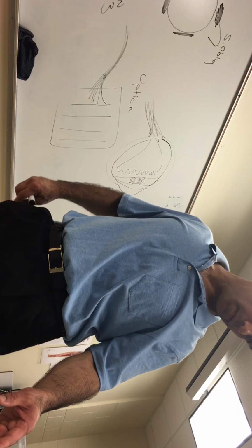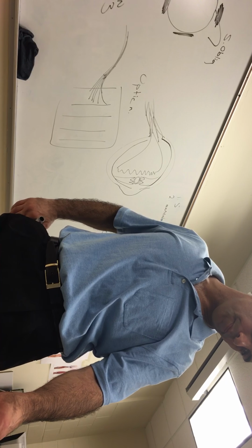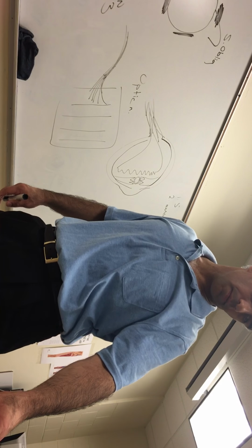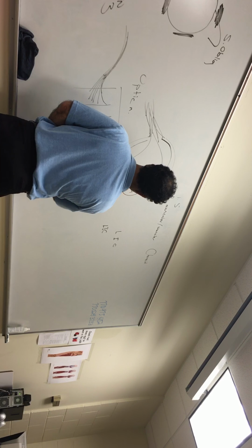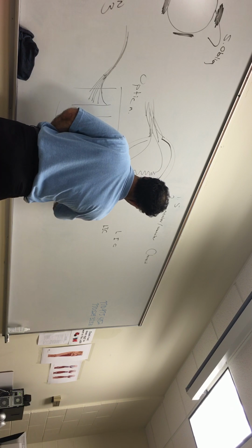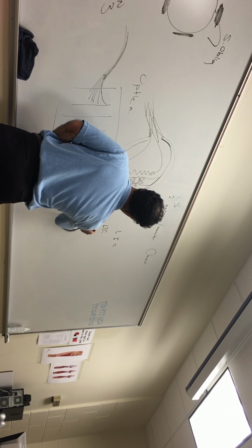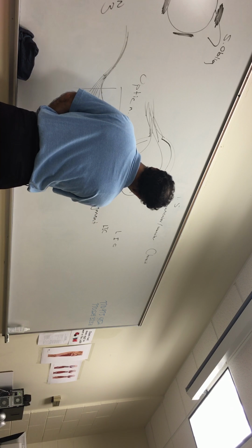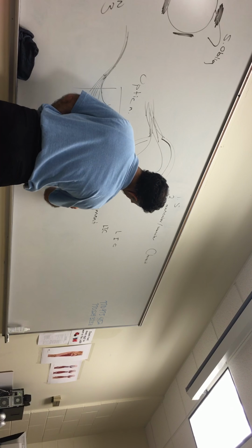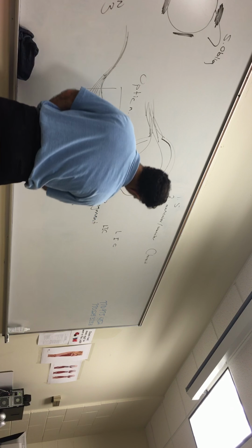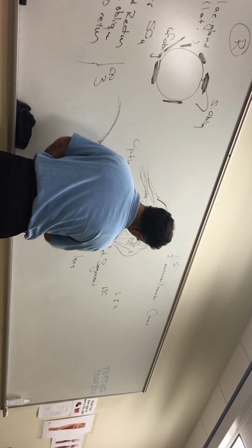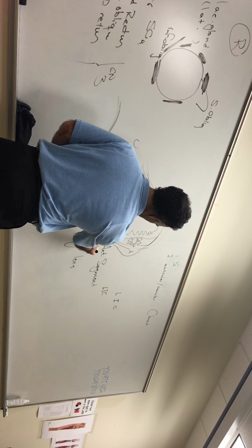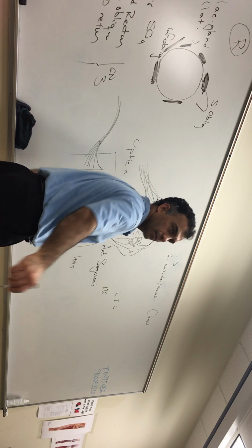So the aqueous humor, based on your book, is in the anterior segment, which has two chambers, a posterior chamber and an anterior chamber. So the anterior segment, this is the lens in here, and the posterior segment is going to be in here. The posterior segment is behind the lens, and the anterior segment is in front of the lens.